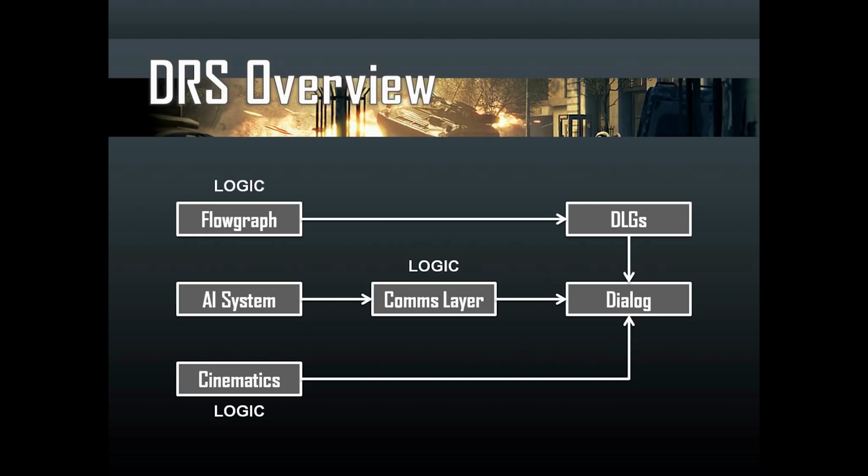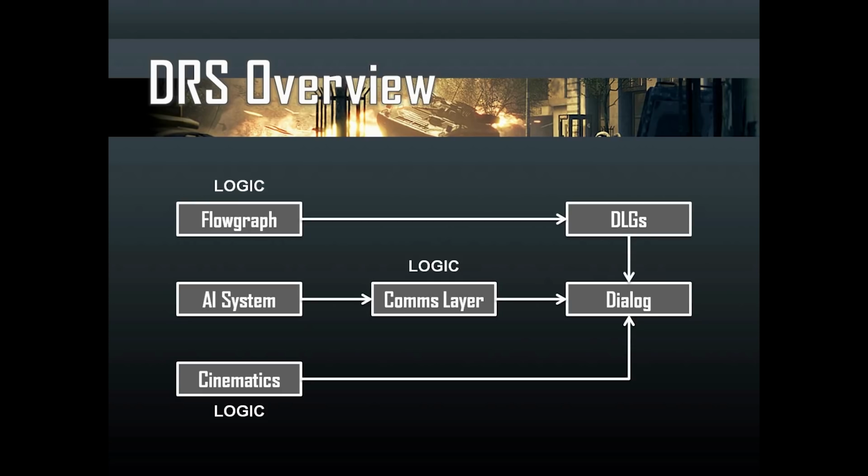And that would mean we'd have to use blunt tools to control the situation, like shutting down all but one system or giving one system the power to override the others. So, for example, we might say that whenever an event played in FlowGraph, the AI system would have to shut off its dialogue system until we'd played the dialogue that was necessary for that event, and then we'd turn it back on again. Same for the cinematics.